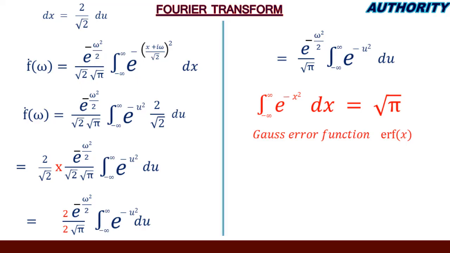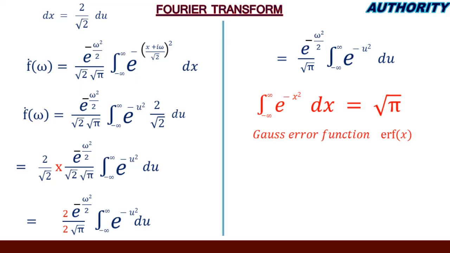For us to solve this, you can only solve it with the help of a machine, a computer or a calculator. The value is going to give us square root of pi. This is called the Gauss error function.